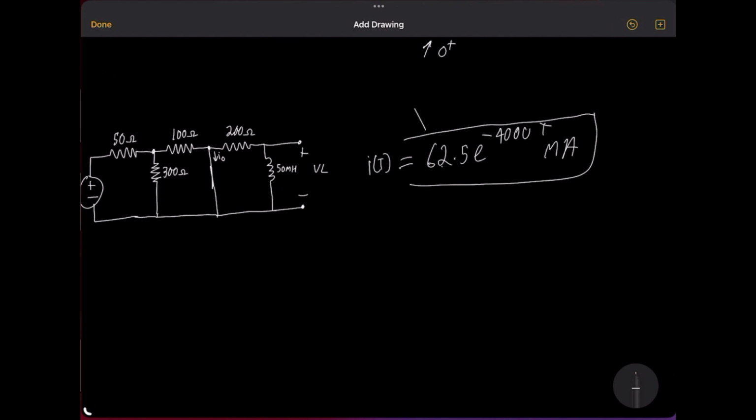Well, we can actually turn this expression into a voltage of time, because what we know is that voltage is equal to L di/dt, my bad.